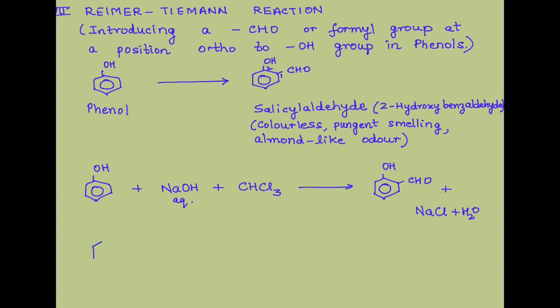So we go a step further and carry out the Reimer Tiemann reaction using again aqueous NaOH, but instead of chloroform, we bring about the reaction with carbon tetrachloride. So we have the next degree of oxidation product, which is an OH and a COOH group on the benzene molecule.